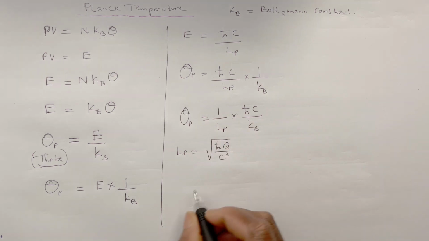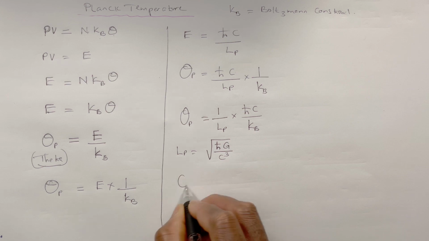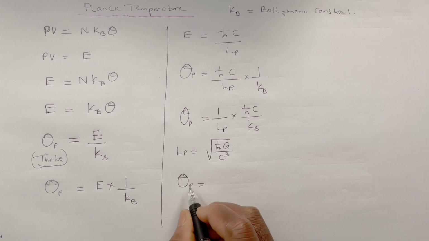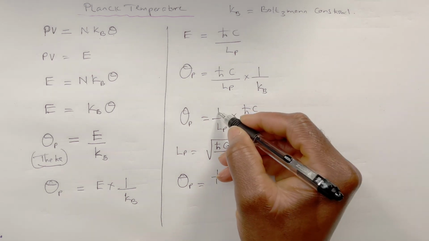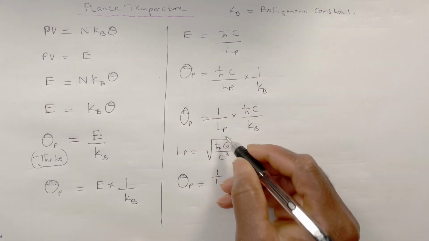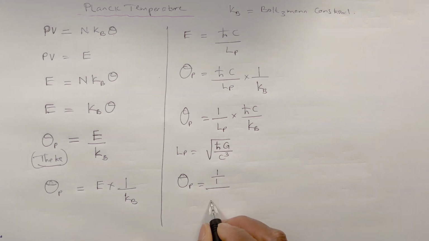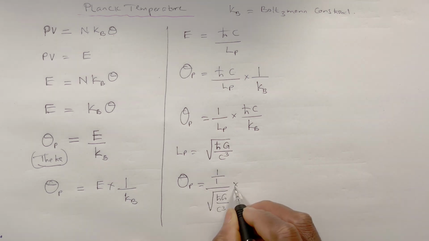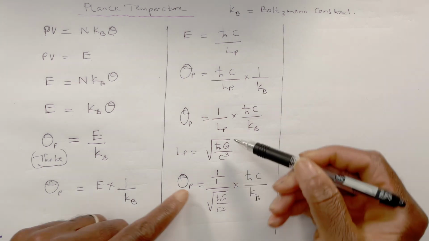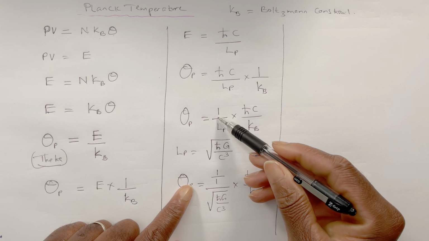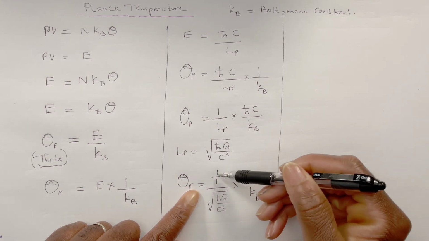So 1 over that. So what I could do is write the Planck temperature to be 1 over 1, because 1 over 1 is 1, and the LP is this. So I'm going to write it as the root of h bar G over c cube times, of course, the h bar c over kB. So you can see I'm trying to simplify this. That 1 is 1 over 1.